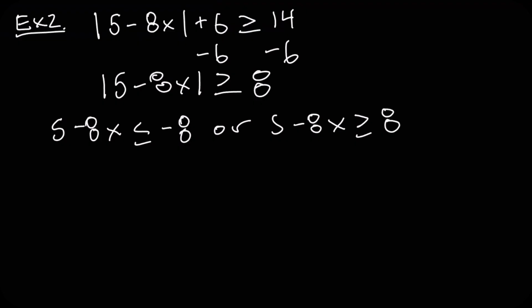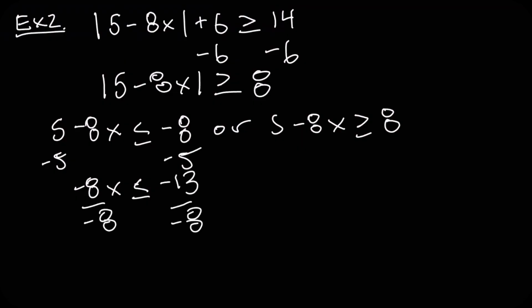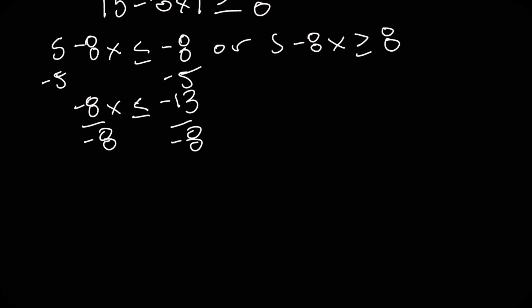Okay, and we can go ahead and deal with our constants here. So we'll have a negative 8x is going to be less than or equal to negative 13, divided by negative 8. And since we're dividing by a negative, we do need to flip our signs. So x will be greater than or equal to a positive 13/8.